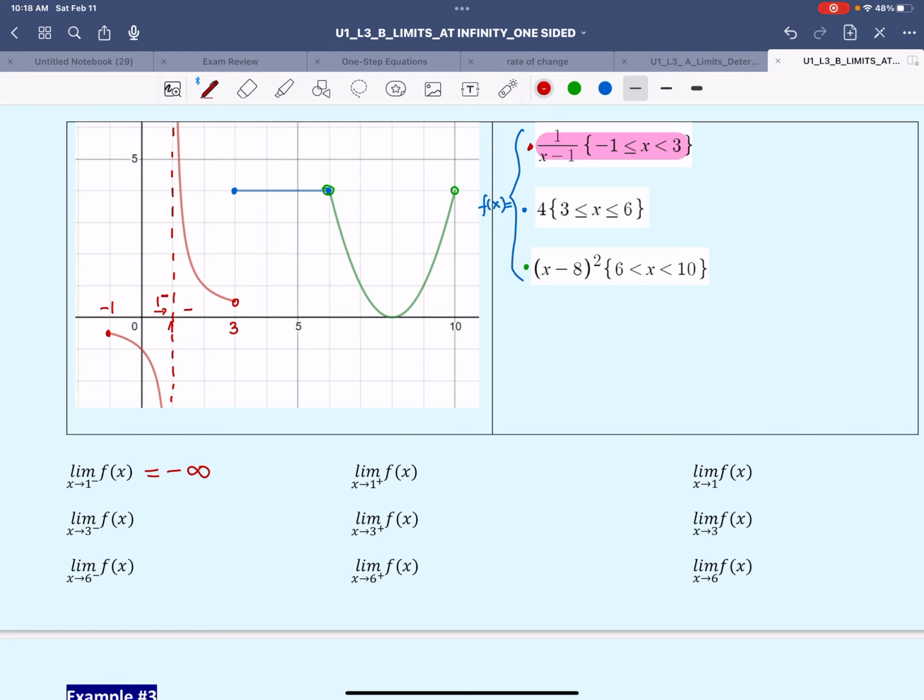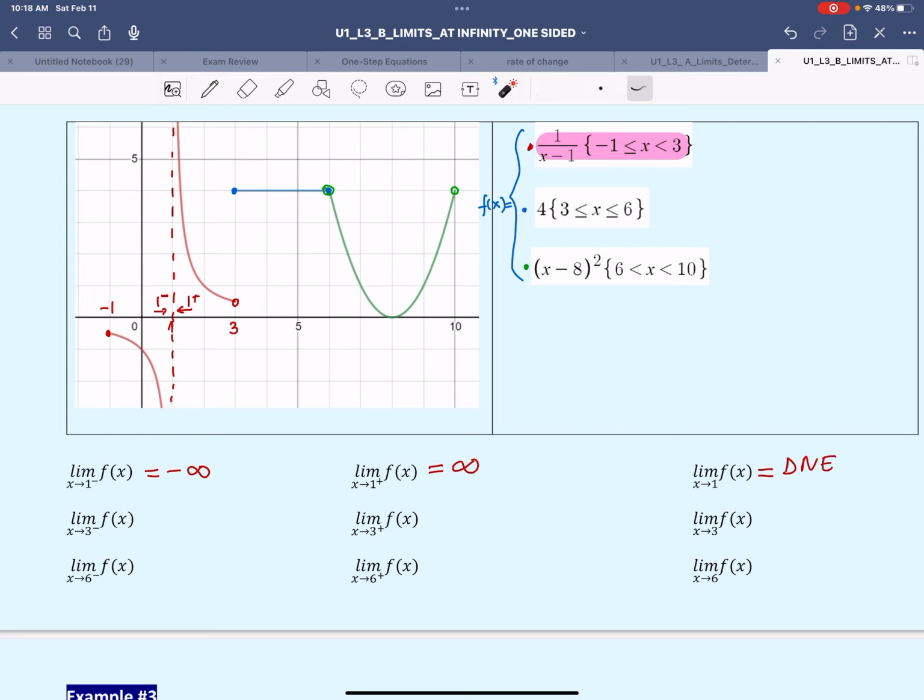When we approach number 1 from the right-hand side, we notice that the closer we get to 1, the higher the graph goes, which means that the y values are approaching positive infinity. As you notice here, the left and right hand limits are two different numbers, which means that the limit at 1 doesn't exist.